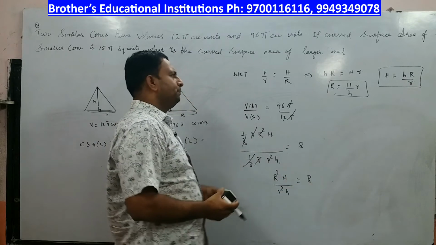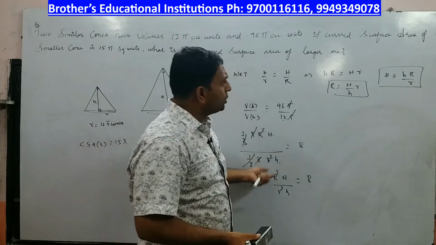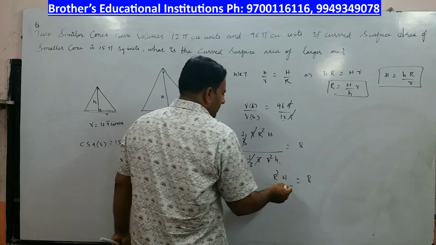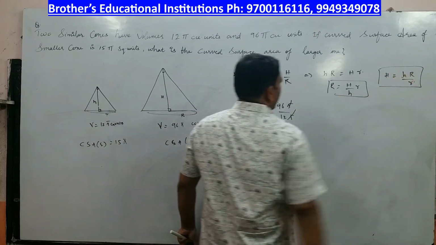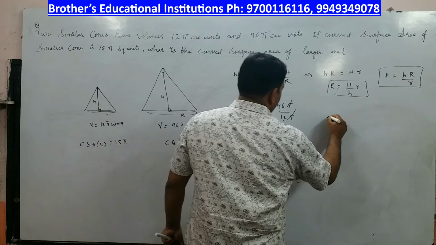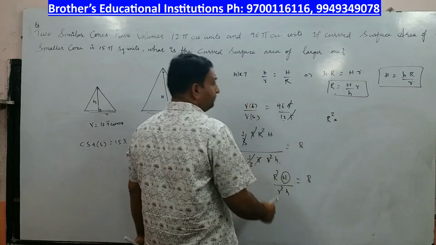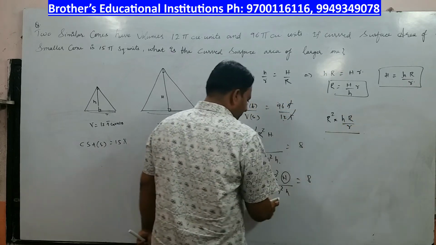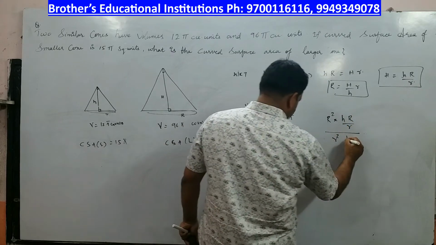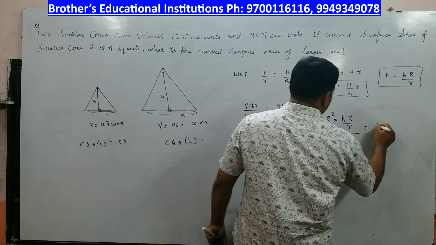Now what am I going to do? In capital R square capital H, I will replace capital H. What is capital H equal to? Small h into capital R by small r. So capital R square into small h into capital R by small r, over small r square into small h, is equal to how much? 8.